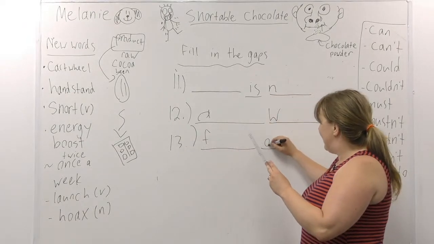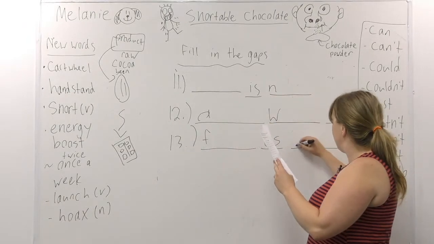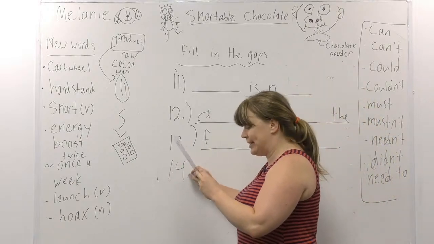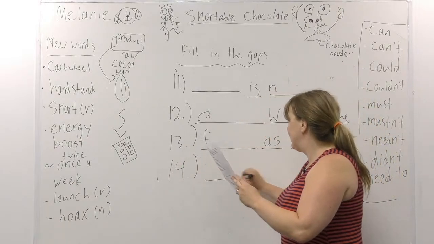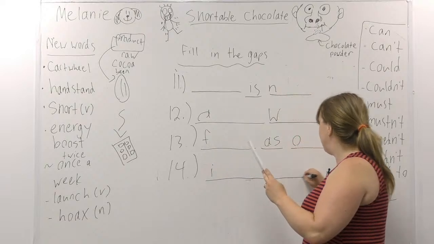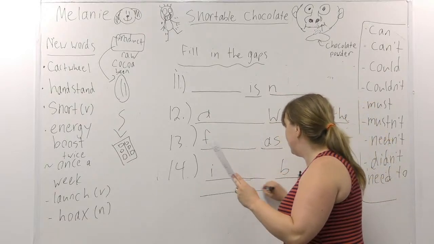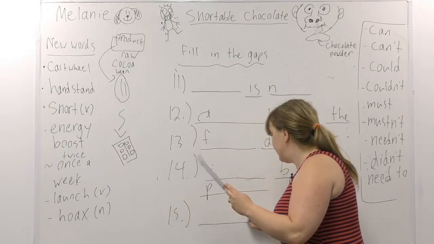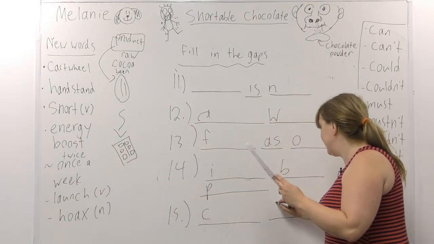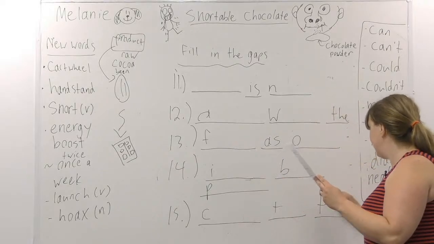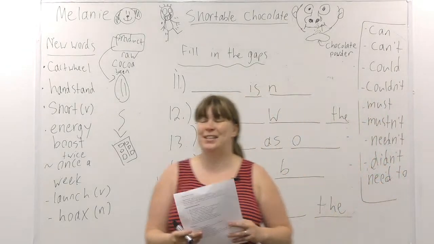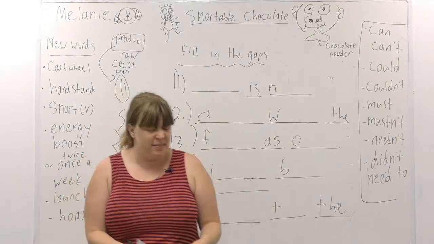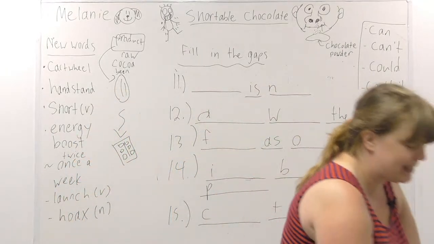F, as, O. Number 14. I, B, P. And number 15. C, T, the. Okay, so I filled out quite a few of these. Hopefully it helps a bit.